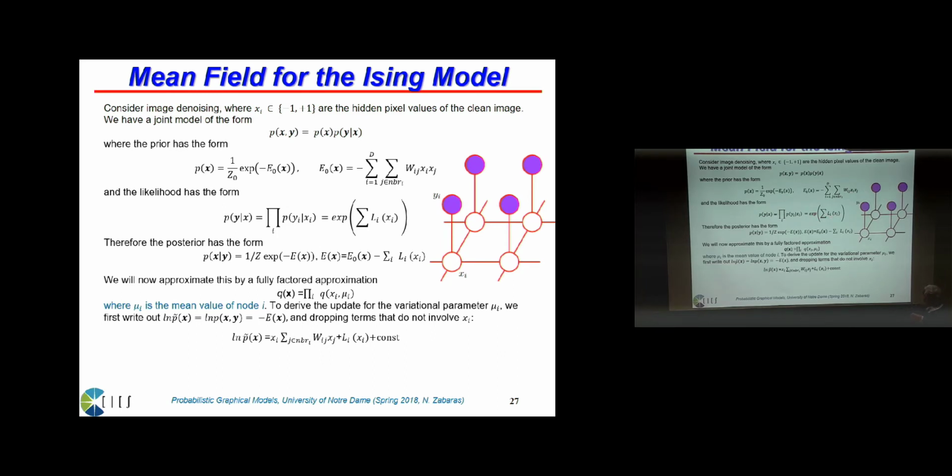Okay, so that way we can write the posterior as e to the minus some energy, where the energy is E0 minus the summation of the local evidence, basically. Okay. So what we want is to compute an approximation to this posterior. All right, that's our objective.